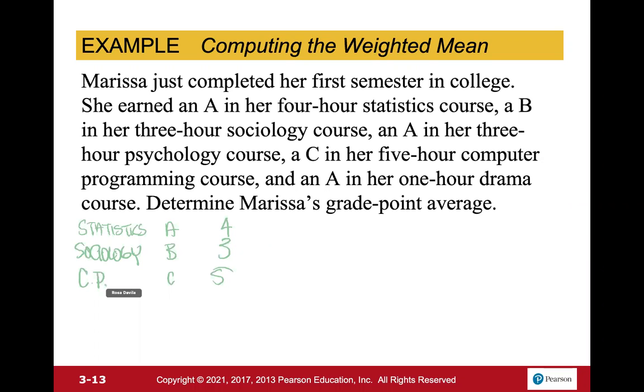I'll just put CP for computer programming. We missed one, an A in her 3-hour psychology. A C in computer programming, and an A in her 1-hour drama course.